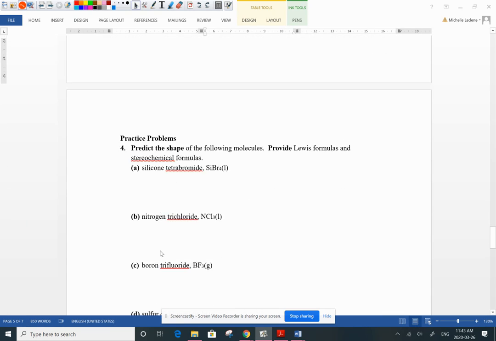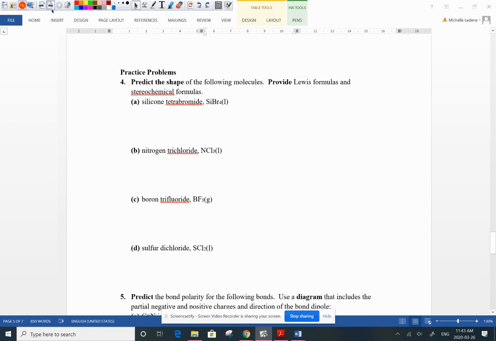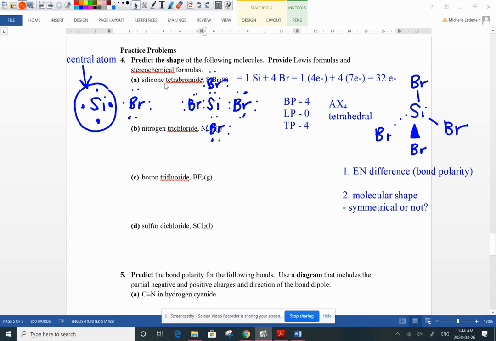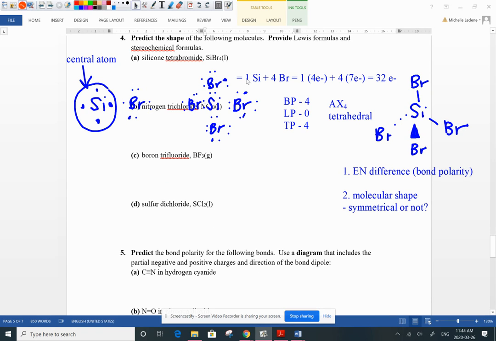On the next page, there's a couple of examples that I'm going to do with you. Silicon tetrabromide, SiBr4. One silicon and 4 bromine make a total of 32 electrons.